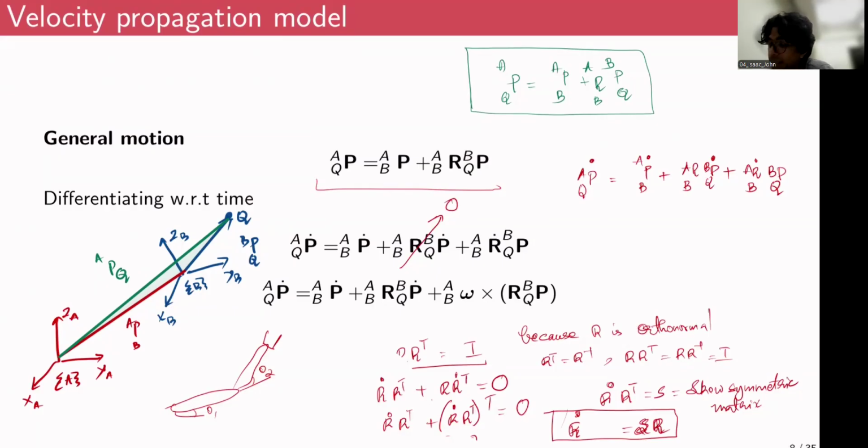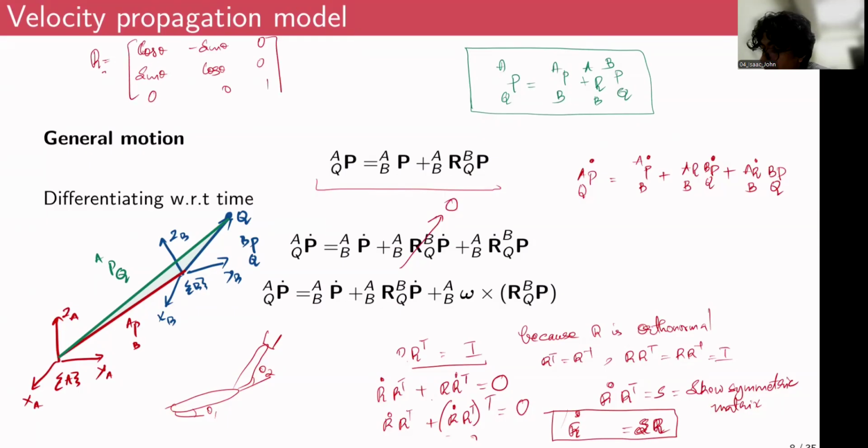for example, a very brief example, if you consider this rotation matrix as a pure rotation about the z-axis: cos theta, minus sine theta, 0, then sine theta, cos theta, 0, then 0, 0, 1.